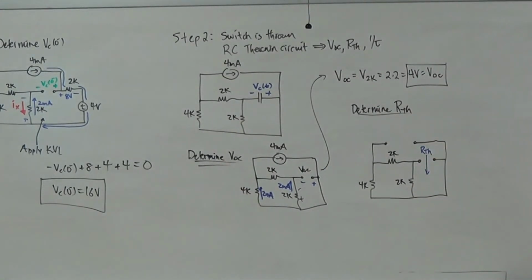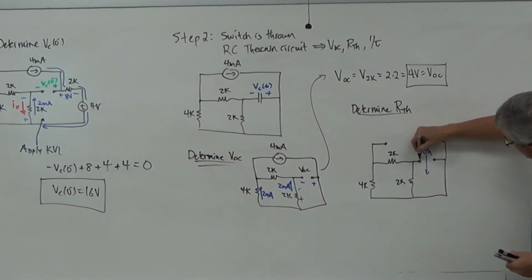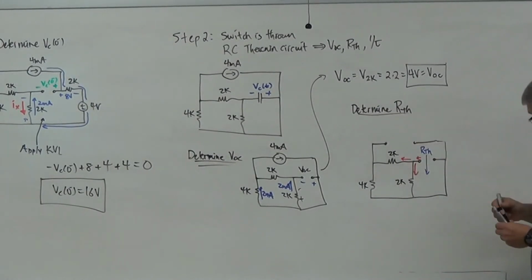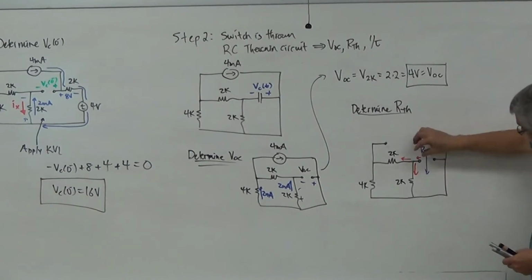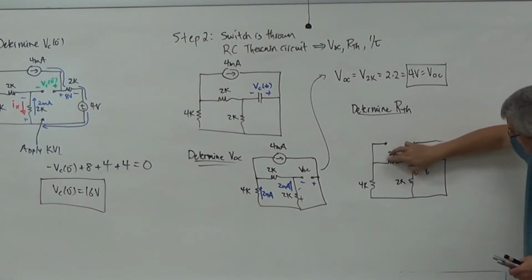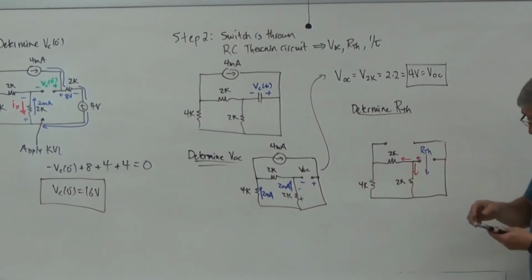Let me just calculate. Oh, hey, I got time. All right, we can finish the circuit. Let's follow the current, right? The current comes here, and then what does it do? It splits. As it splits here, you can see that 2 is parallel to the 2 and 4.